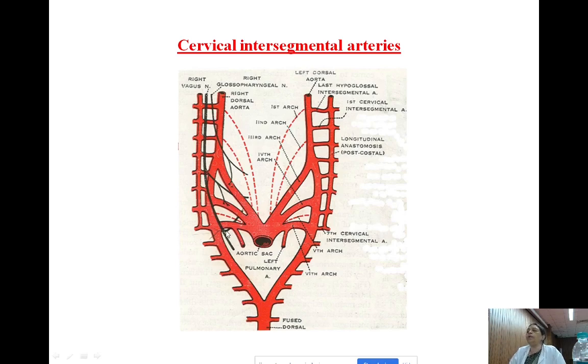Now to go to the larynx, this recurrent laryngeal nerve on both sides has to hook the sixth aortic arch, and then they will go to the larynx.